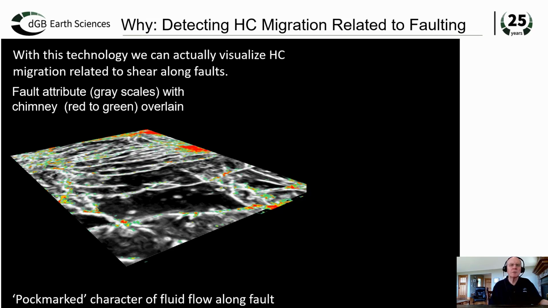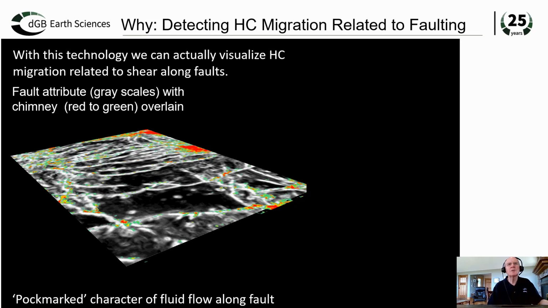By overlaying on either time, depth, or horizon slices, we can take the fault data, maybe a thin fault likelihood attribute or fault probability volumes here in grayscales, and overlay on that the chimney probability results with high probabilities here in red.